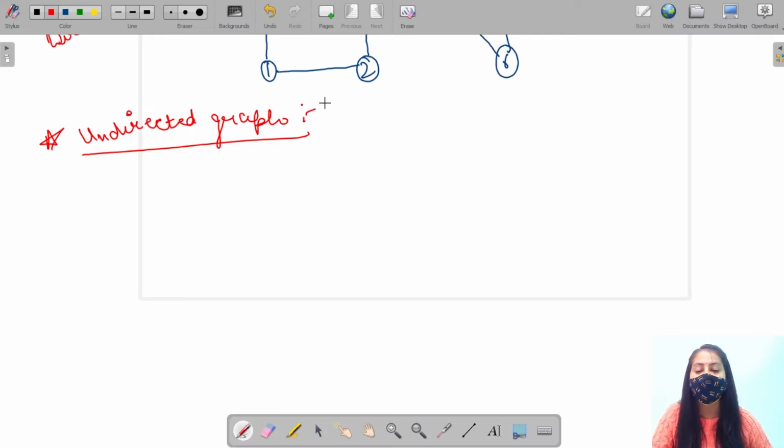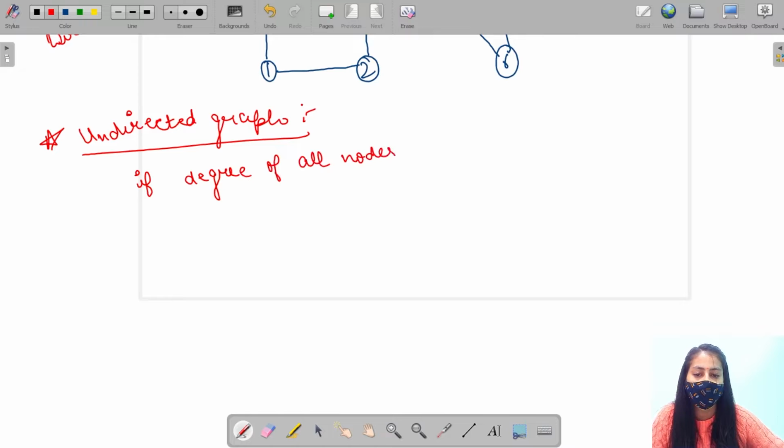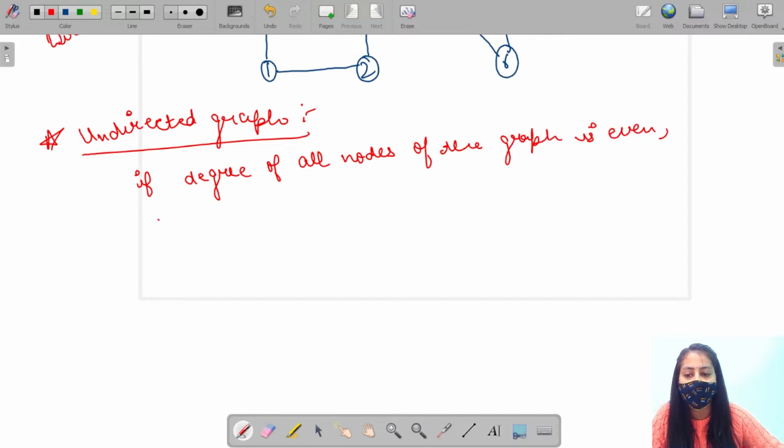In the case of an undirected graph, if the degree of all the nodes of the graph is even, then an Eulerian circuit is present in that graph, right?